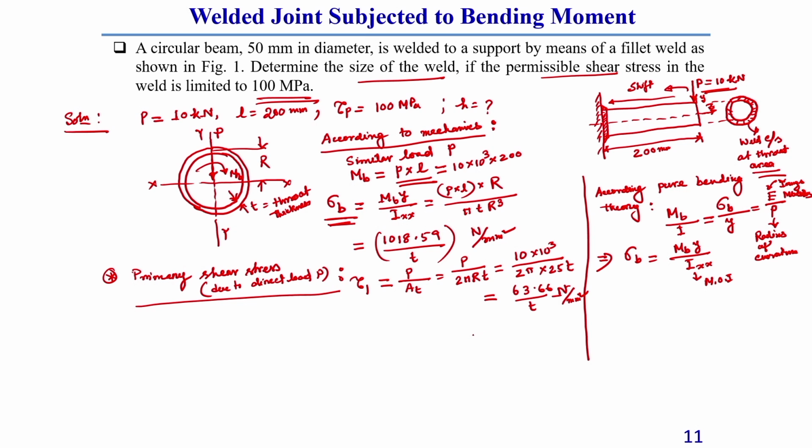So, generally let us consider this is one of the sections, I am just taking a small portion from this annular weld, let us say a small annular element A. In this element, it is subjected to primary shear stress tau 1, which is like this, and due to this bending moment there will be a bending stress sigma b, which is like this, okay, which is normal to each other.